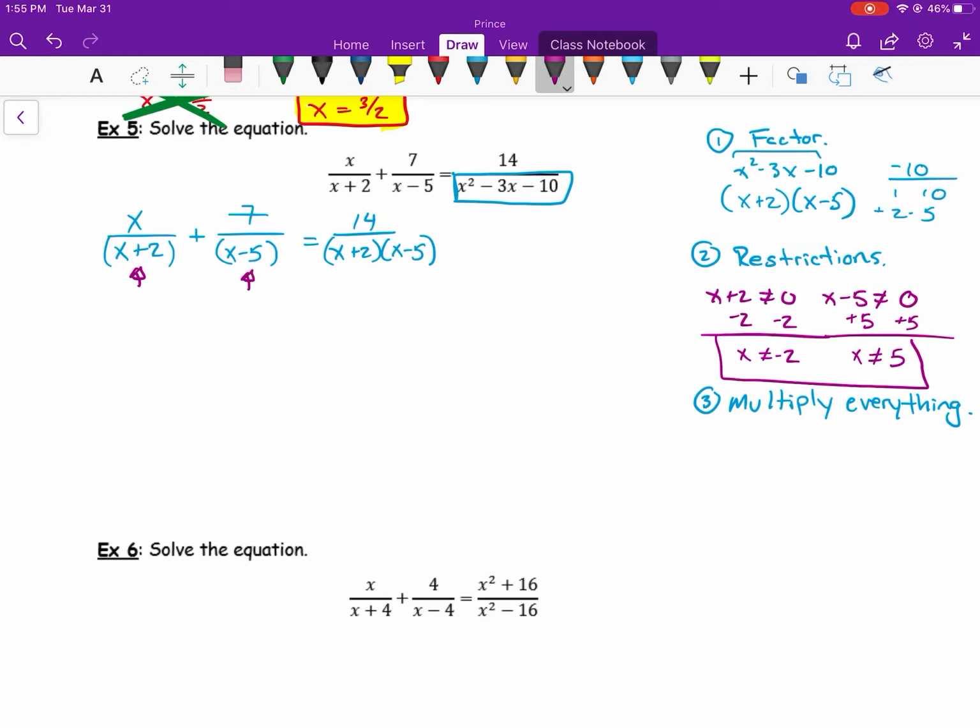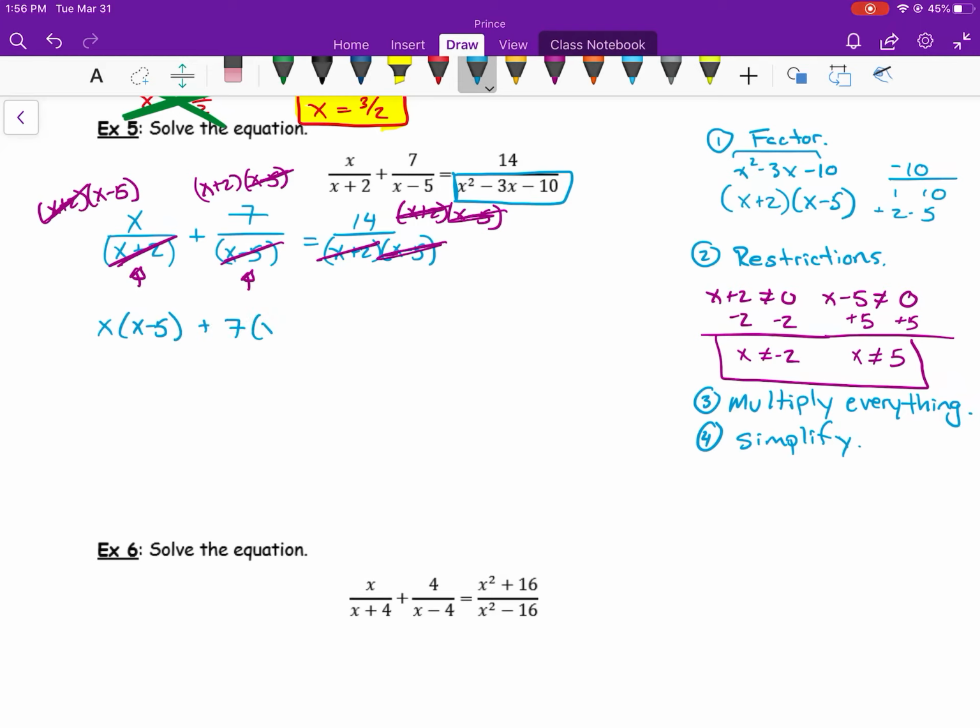So I'm going to multiply everything by this x plus 2 and this x minus 5. It brings balance to the force. Okay, so multiplied, now we simplify. X plus 2's go away, x minus 5's go away, x plus 2 and x minus 5 goes away. Very nice.